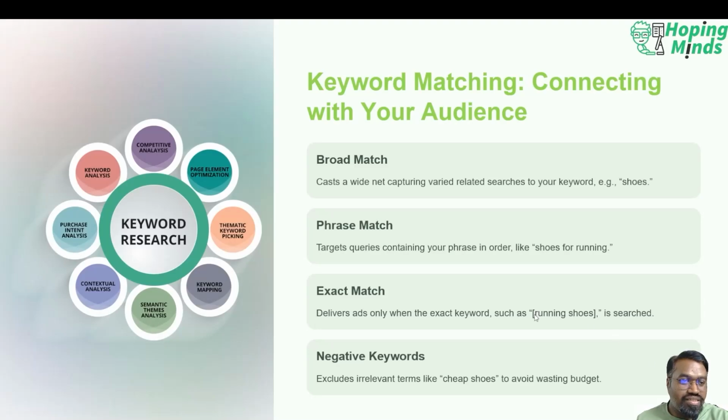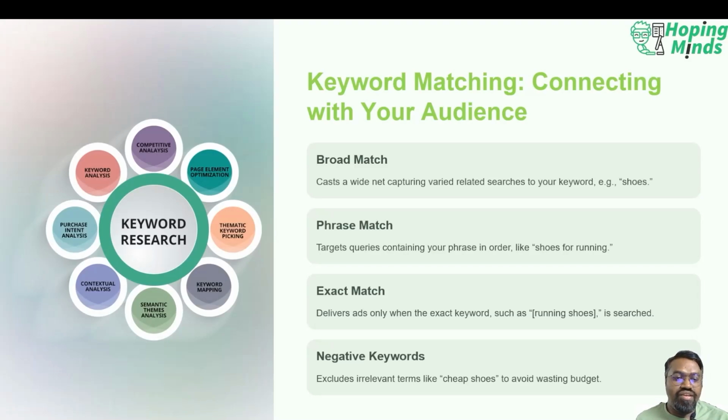You can see this is the bracket, right? So under exact match, we need to put the keywords inside these brackets, and hence, if someone is searching for this particular keyword, it will come on top. I mean, the link will come on top and your ad will show up.